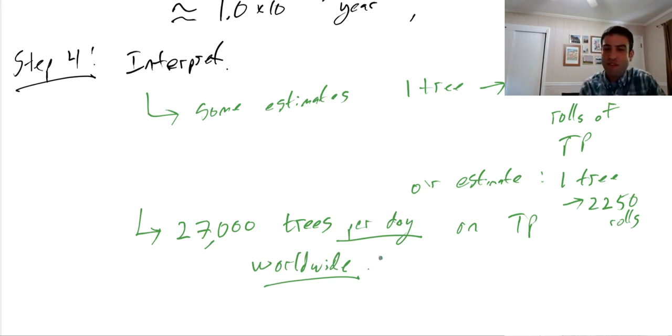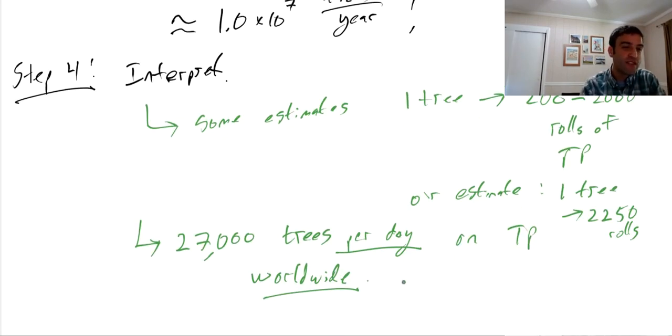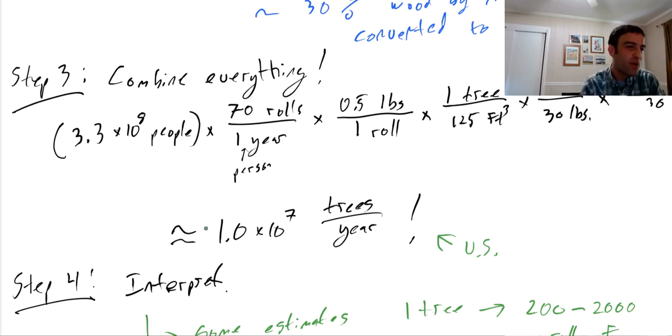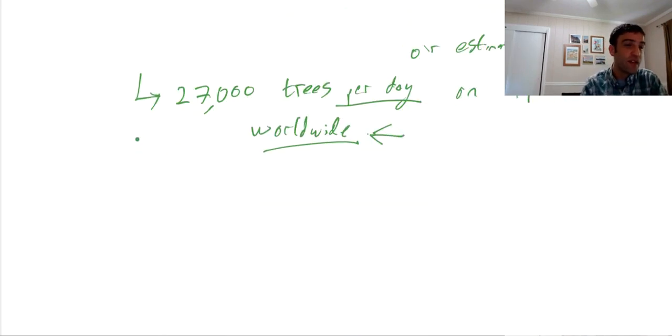So 27,000 trees per day, multiply that by how many days there are in a year, and you end up with an estimate of about 10 million trees per year. That's the same number of trees, but this estimate was for the entire world, and our estimate was just for the US, right? So that's suggesting that our estimate is too high, because we would have had to multiply not by the population of the US, but by a number which is an order of magnitude bigger.